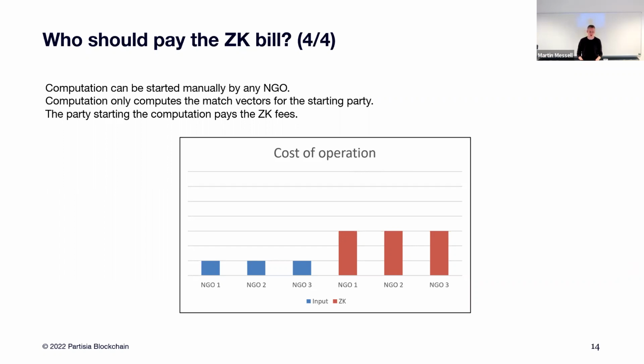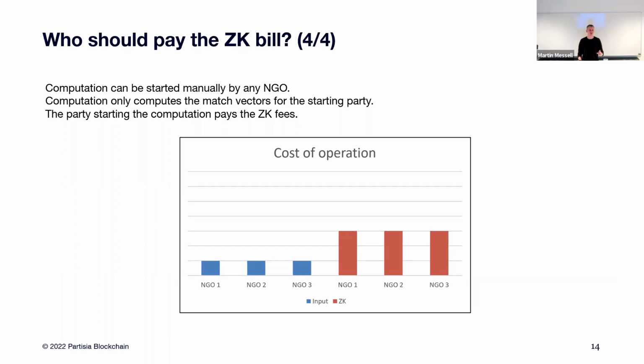So you are not computing the entire match matrix. You're only computing the vectors for the IOCs input by NGO1. And this is a way of splitting up the fees. The sum of all these might actually be larger than if just doing the computation all at once. But at least you only pay for your own work.